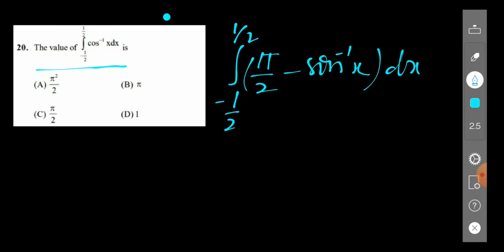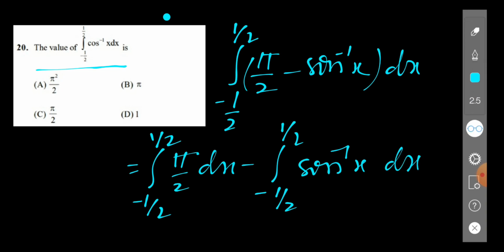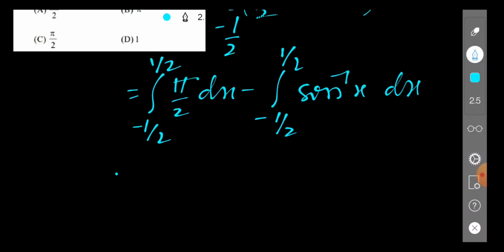So now separate here integration minus 1 by 2 to 1 by 2 pi by 2 dx minus integration minus 1 by 2 to 1 by 2 sine inverse x dx. Sine inverse x is the odd function. So by the property of definite integrals, this value is 0.